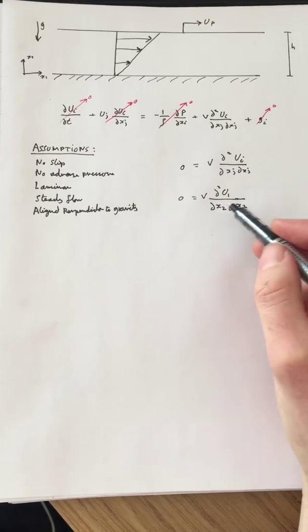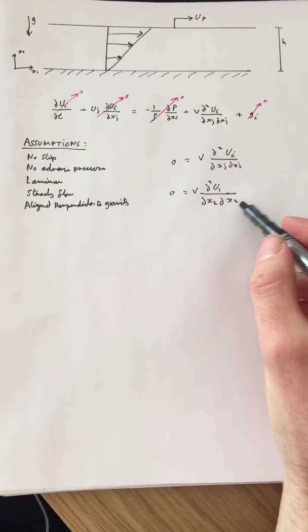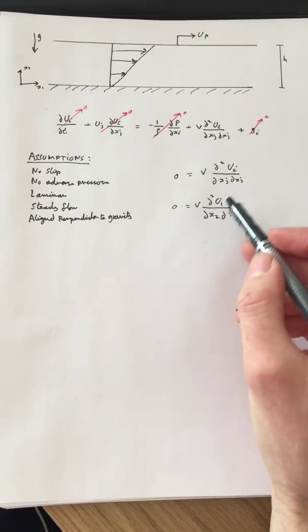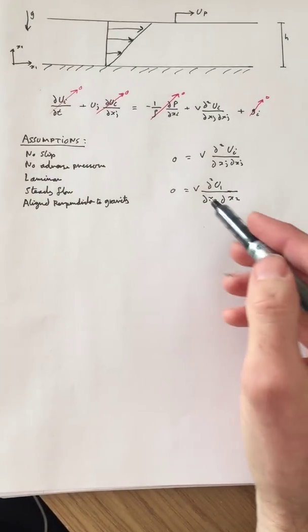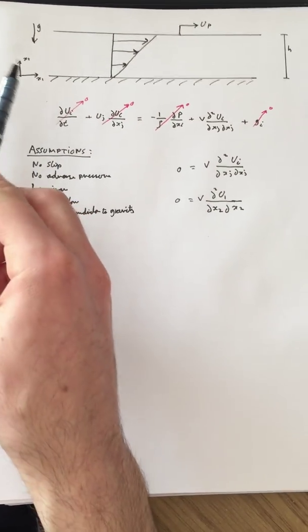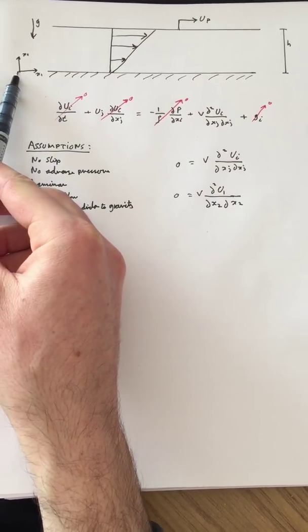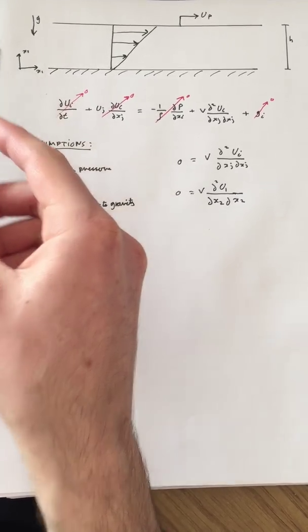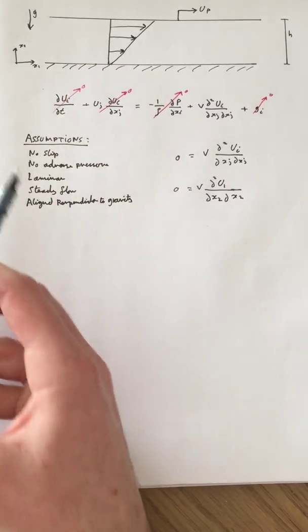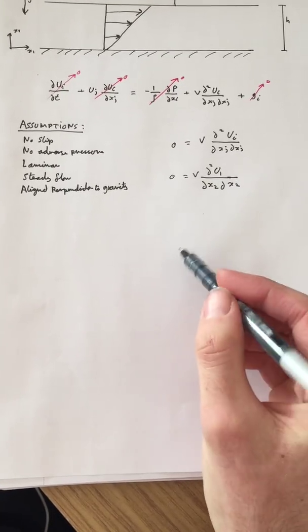Now, at this stage here we can multiply these two together because the flow is only changing in one direction. If this was not the case, say if it was the x3 direction coming out of the page, and there's also a term changing in the x3 direction, you'd have to write a second one of these here.